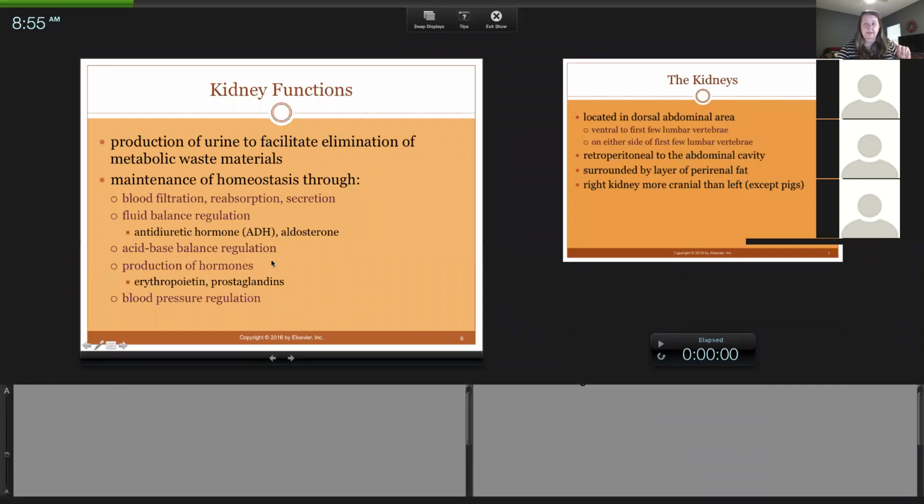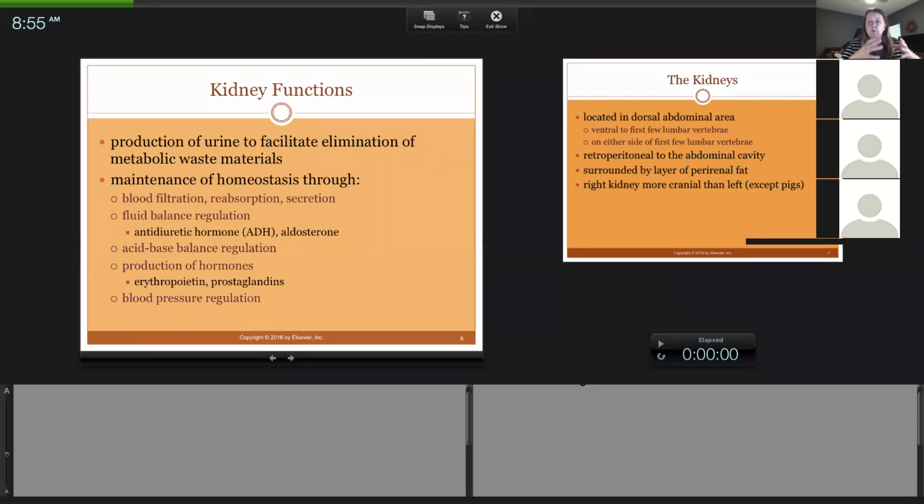I went back to slide number 6 because there is the production of hormones, mainly erythropoietin. There are prostaglandins. Prostaglandins are tissue hormones that are made in different areas by many different tissues. But I want to talk about erythropoietin. Erythropoietin is actually produced in the kidney.